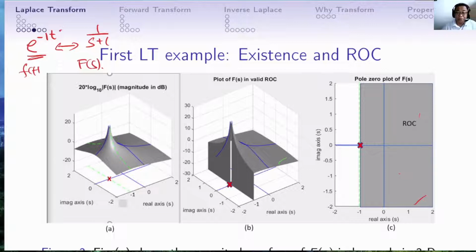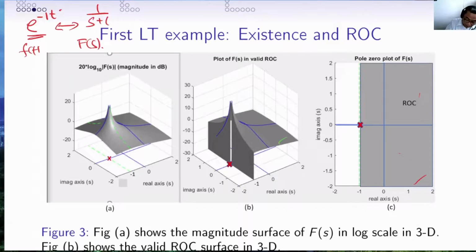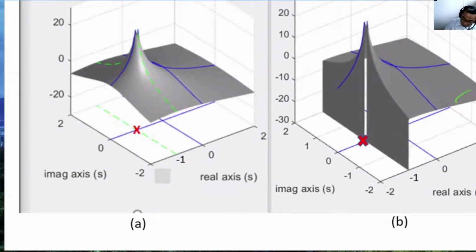Okay, we are just using a fixed value of a here. a is 1, implying s must be greater than minus 1. So for it to converge, the real part of s must be greater than minus 1. So I'm going to draw where s is.